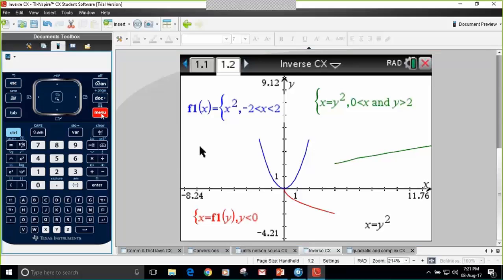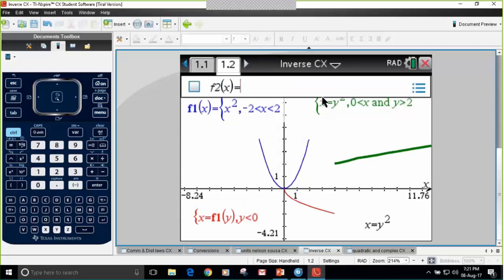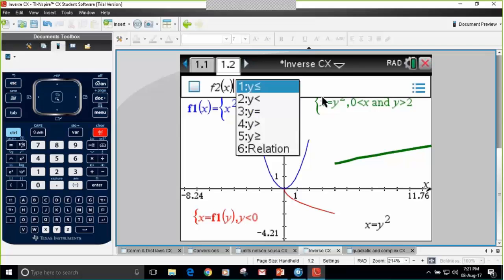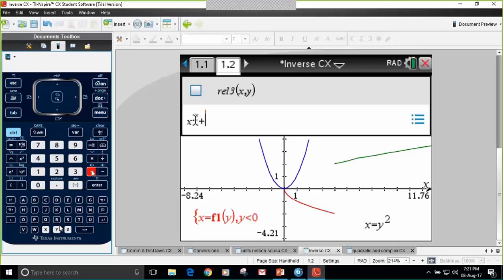Now, the other way in which we can enter a relation is you can take a function just in the function menu, and you can just back-click, remove the 0, it gives you all these possibilities: less than or equal to, greater than or equal to, or relation. So if we want to have relation 3, so we want to have something like, say, x squared plus y cubed maybe equals x times y.